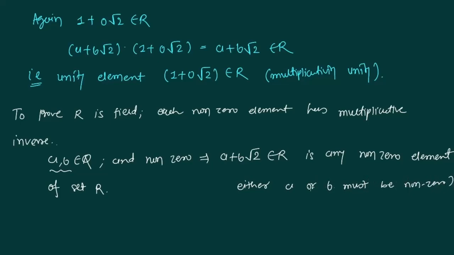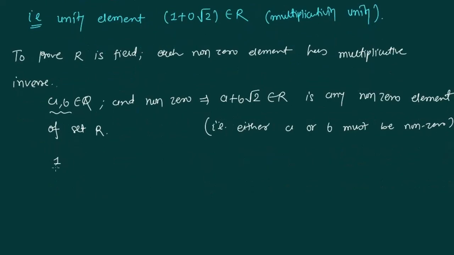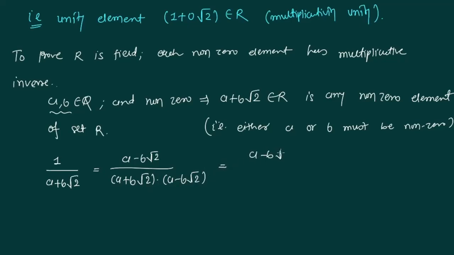So to find the inverse of a plus b root 2, I take 1 upon a plus b root 2 and multiply by a minus b root 2. Then a plus b root 2 into a minus b root 2 gives a square minus 2b square. So this is equal to a minus b root 2 upon a square minus 2b square.